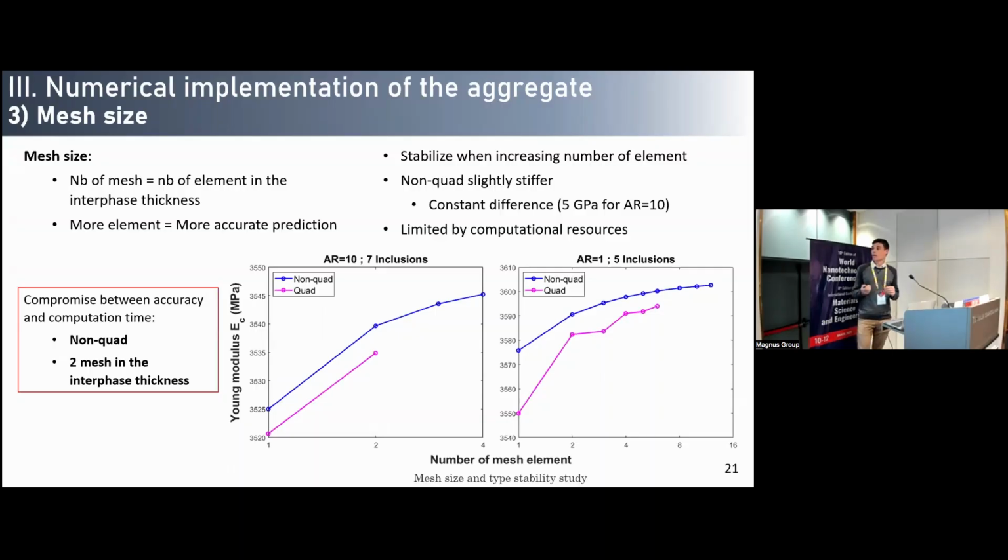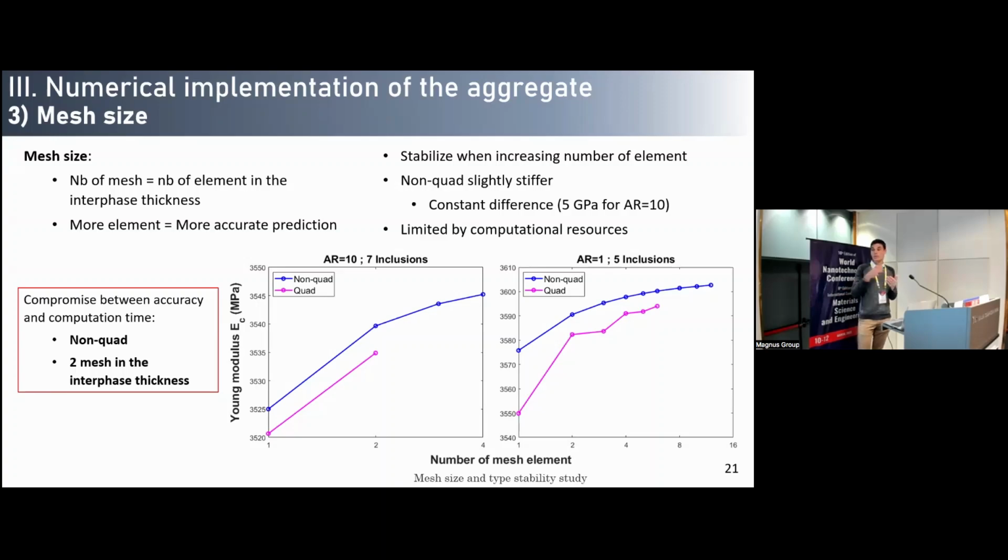Finally, there is another study for the number of meshes that is necessary. This is the number of mesh elements in the interface thickness. We see that if we select more mesh, our result will be different, and it will stabilize at one point.